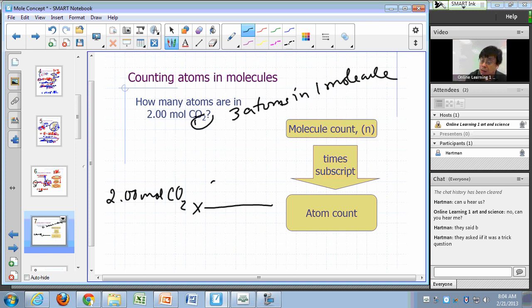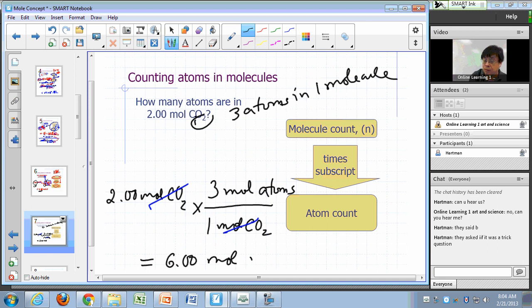So you know that you have 3 moles of atoms in 1 mole of CO2 molecules. So mole CO2 cancels out. So 2.00 times 3 would give you 6.00 moles of atoms. Okay.